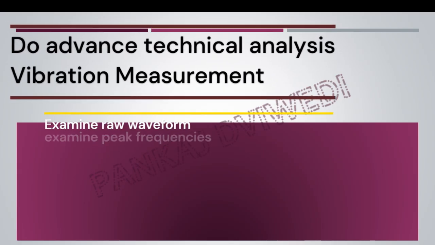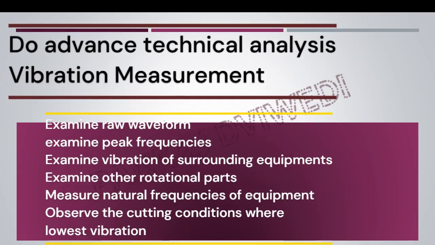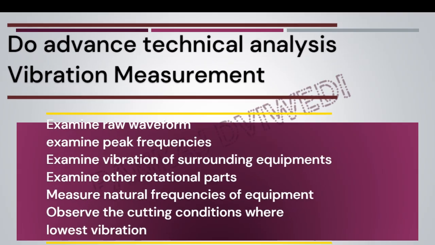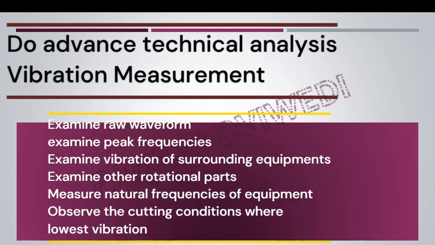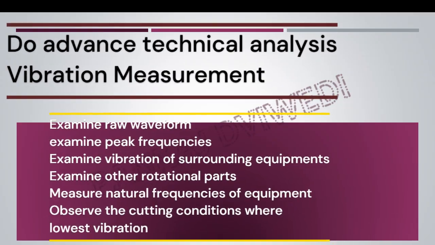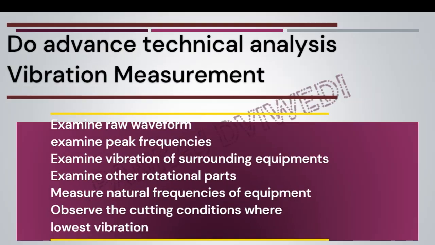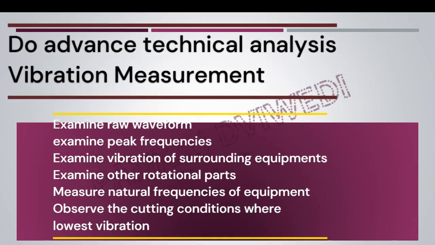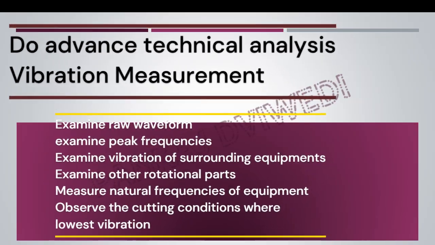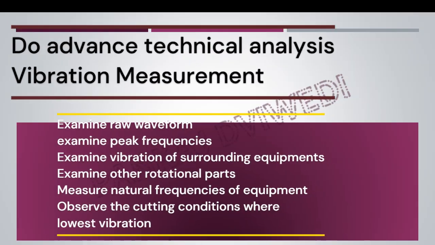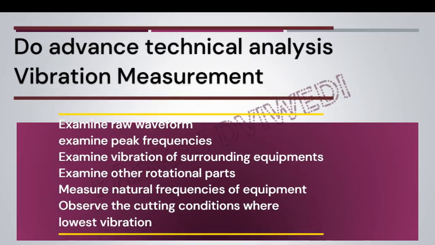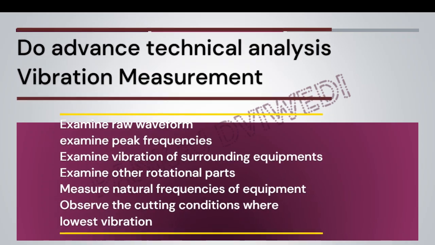You will require a vibration analyzer for this. There are agencies which will do this for you. You have to analyze different frequencies of the equipment while cutting and even in normal condition. You also have to examine the vibration of surrounding machines.